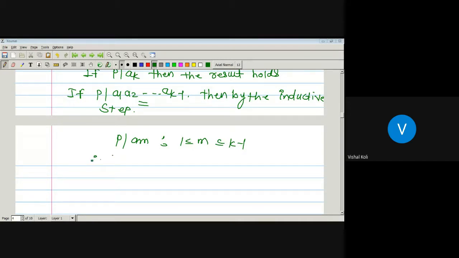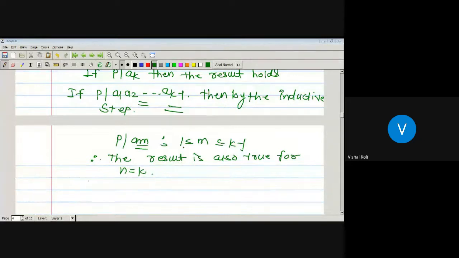So the result is also true for n equal to k, since it is true in both cases. Whenever p divides ak, the result is obviously true. But if p divides a1 a2 up to so on ak minus 1, then by the inductive step p must divide am for some m between 1 to k minus 1. As it is true in both cases, the result must be true for n equal to k.